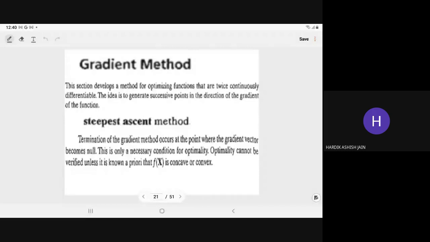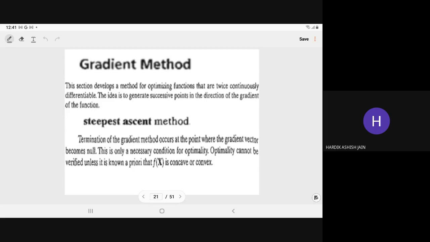So first of all, whatever function we want to optimize must be twice differentiable, and its second derivative must be continuous in nature.